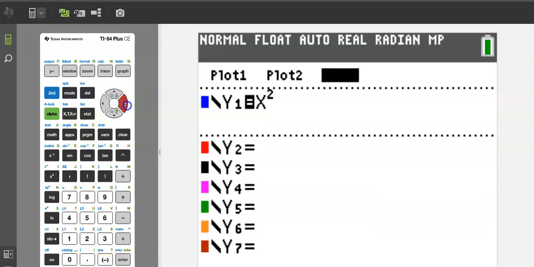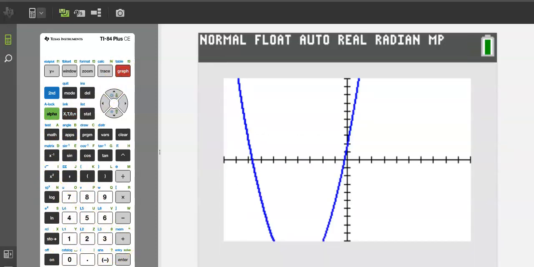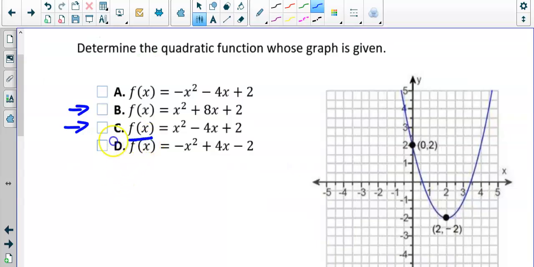Plus what? 8x plus 2. Does that graph like what we have on our paper? No. So obviously the answer should now be C. But let's double check that and make sure. Okay?